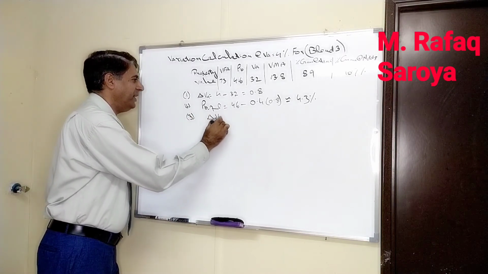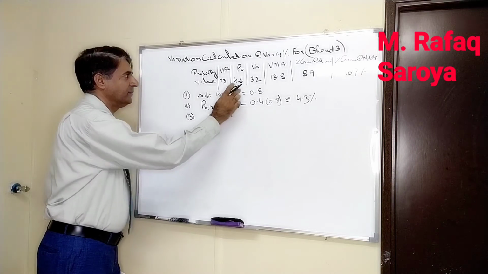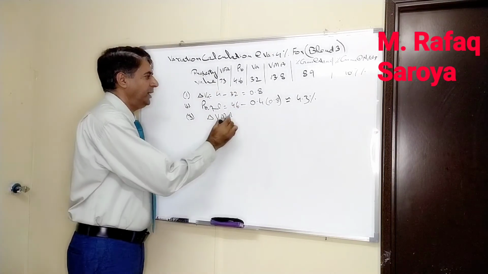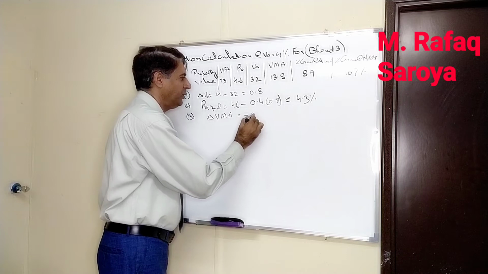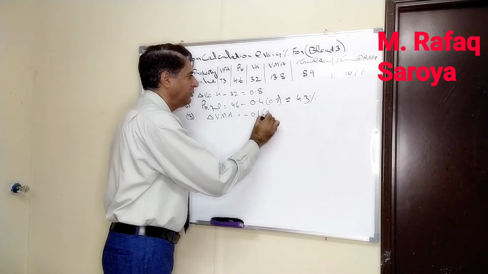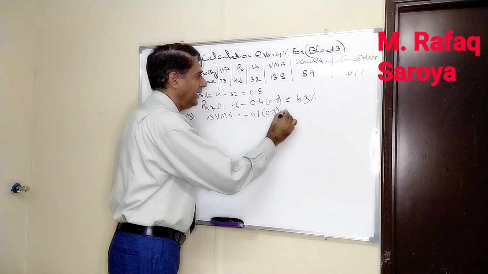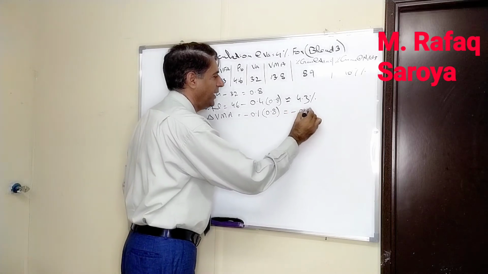Third one, delta VMA. Because it is less than 4, it would be equal to negative 0.1 into 0.8, which is negative 0.08.